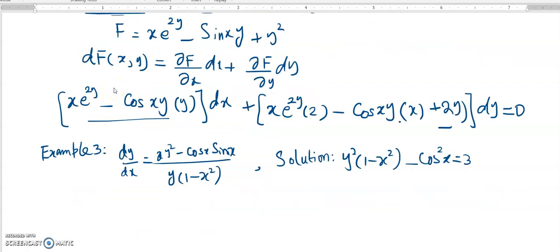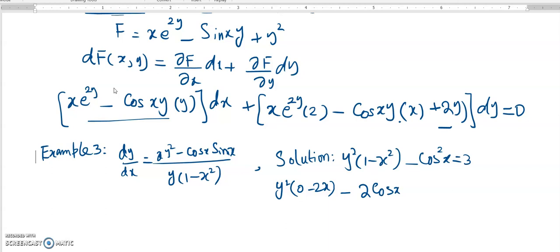So let's also verify the second example which we just solved, and we found the solution. In order to verify it, we will first take its derivative with respect to x. For the first term it will be y^2 into 0 minus 2x, and then for this term it will be 2 cos x.